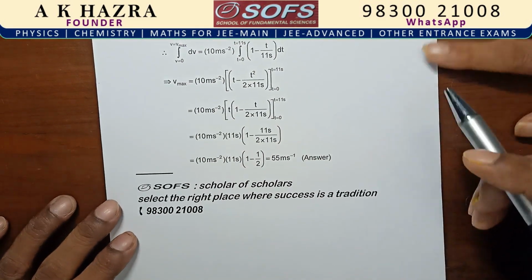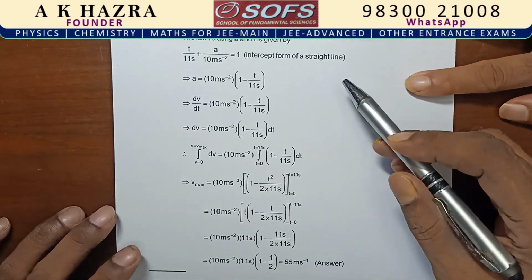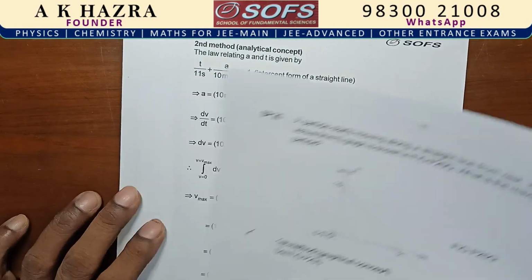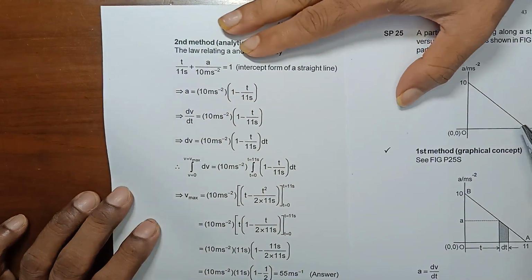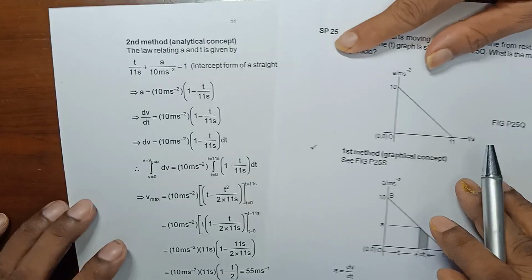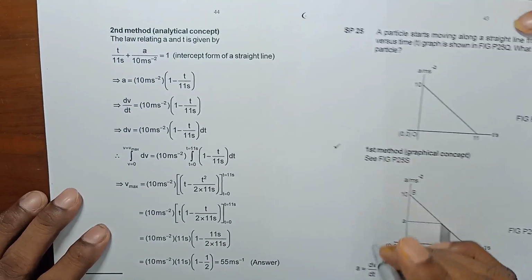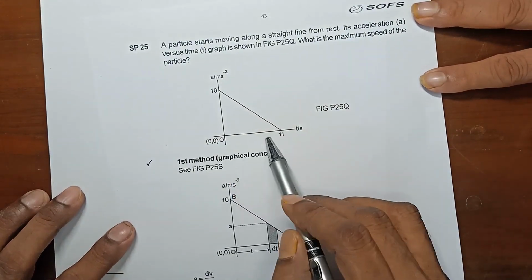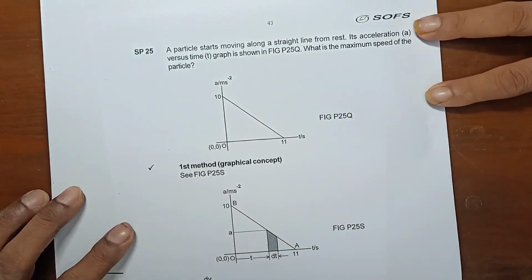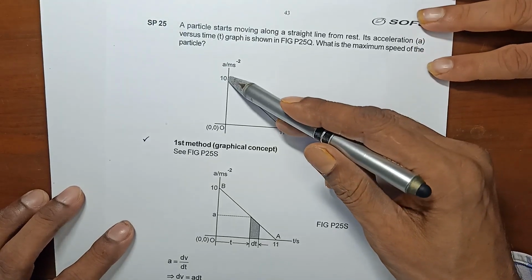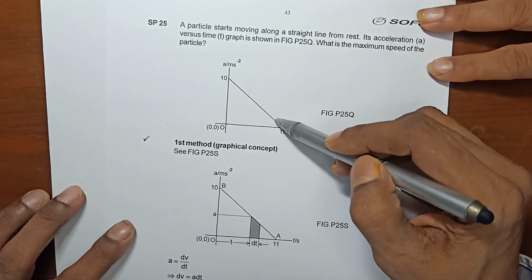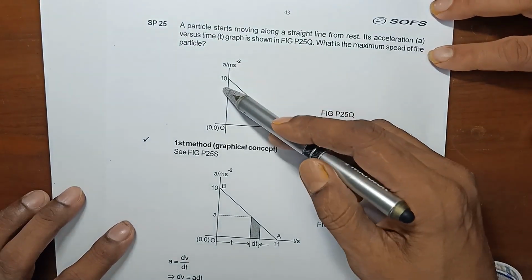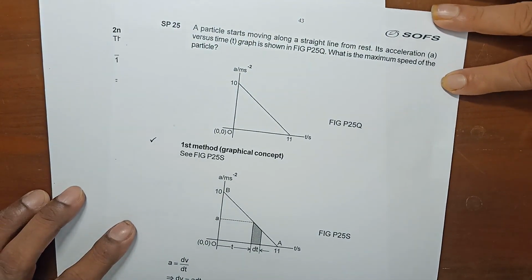Now also you see the analytical concept. It is the equation of a straight line. So we know the intercept form. From coordinate geometry, we can make the equation of the straight line by intercept form: t by 11 plus a by 10 is equal to 1, from x by a plus y by b is equal to 1.